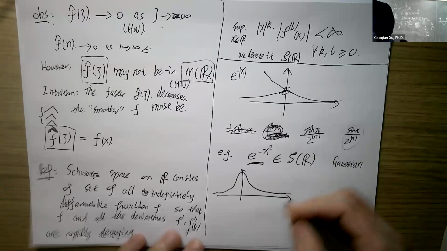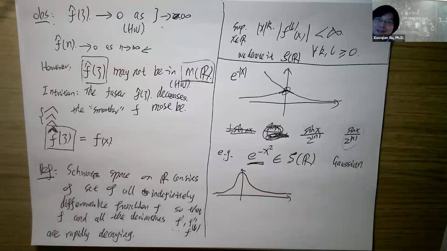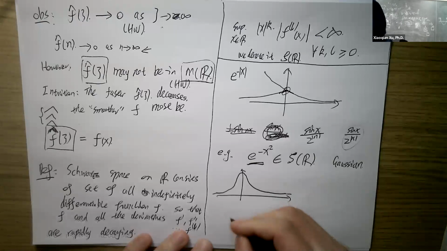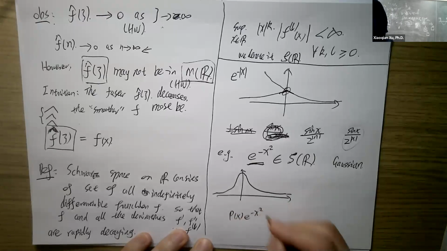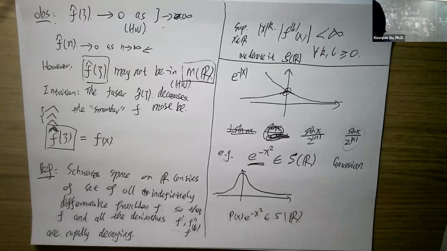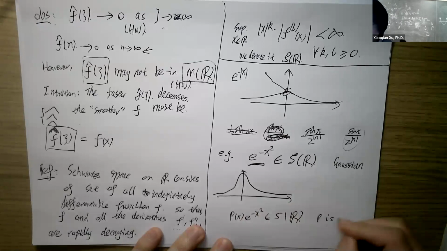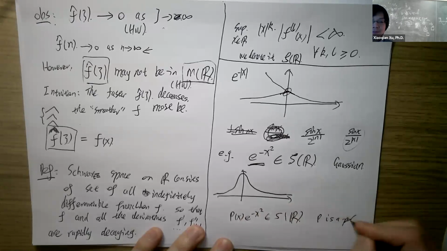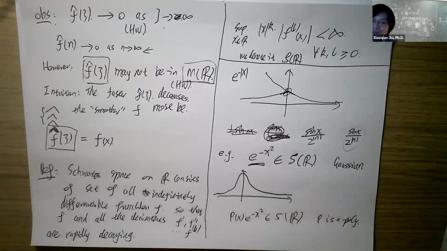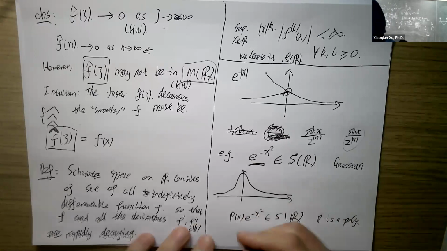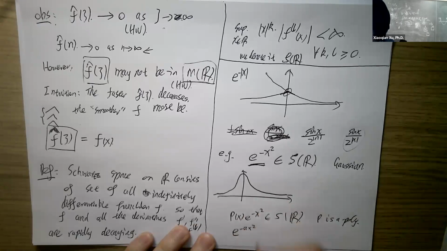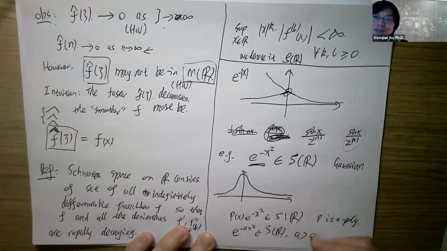Of course, since this is an example, if you multiply it by any polynomial P, it's also in this Schwartz space. And if you try to do some dilation, multiply by A, for A positive, it's also in S(R).